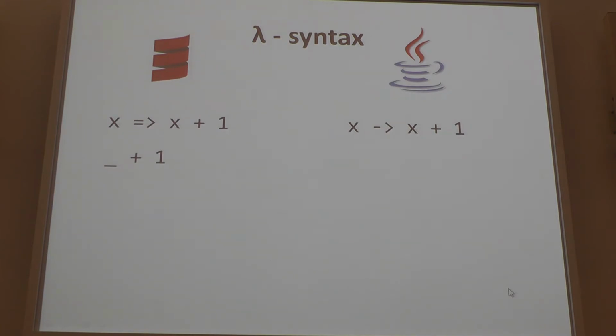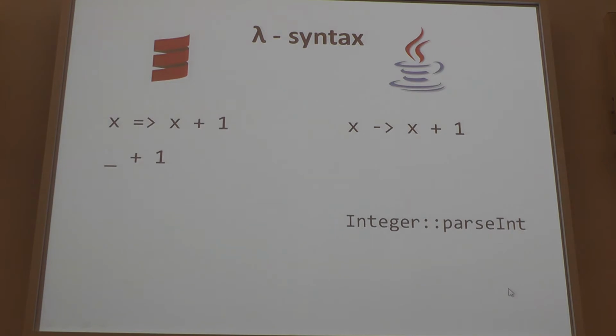You can write the same thing with underscore. It's the same. You define the same function as in the above example. There is no direct equivalent in Java 8. You always need the arrow here.